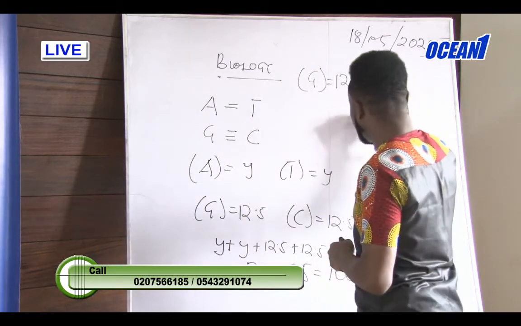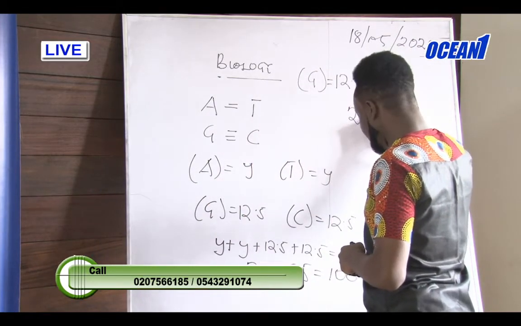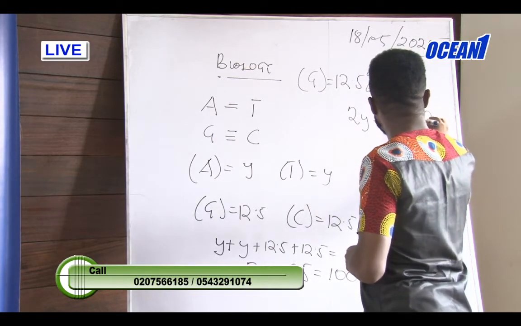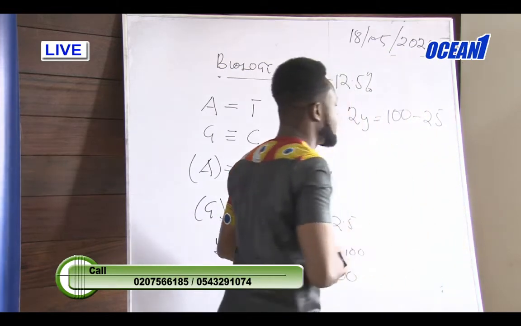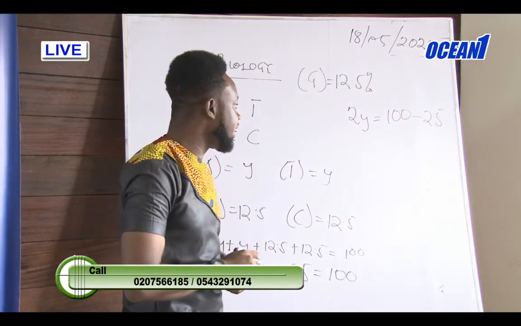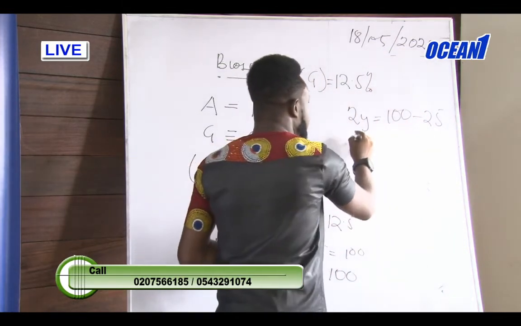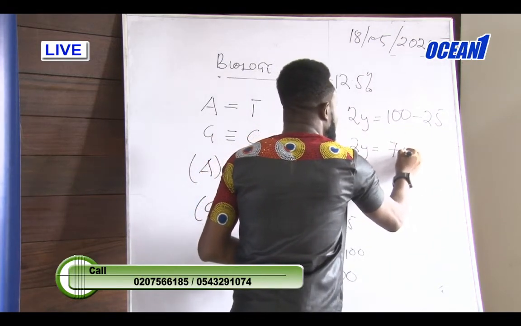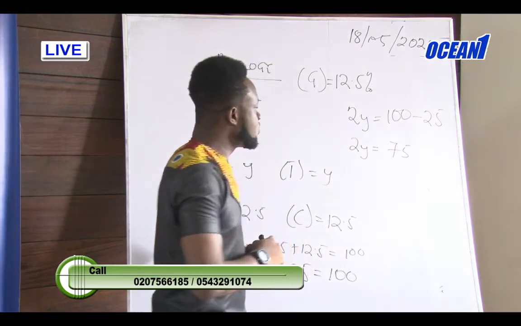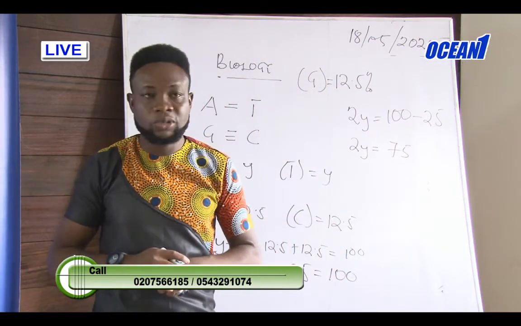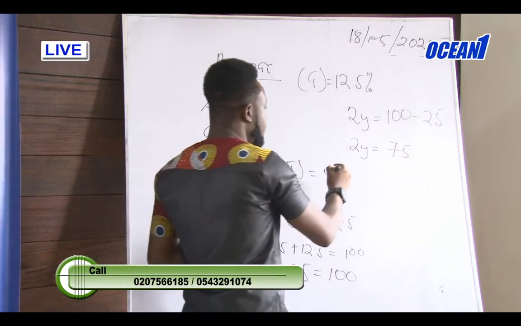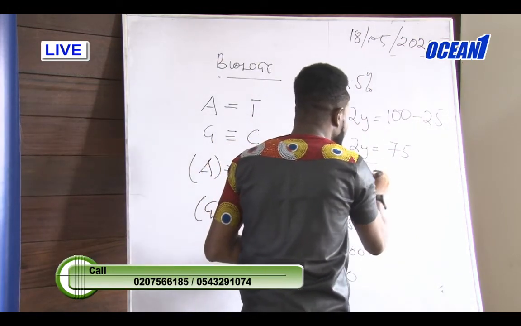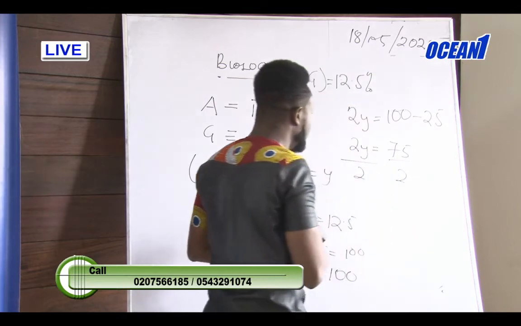So we are going to have 2Y equals 100 minus 25. If that is clear, then we can say that 2Y is equal to 75. Let's divide this by 2 and divide this also by 2.